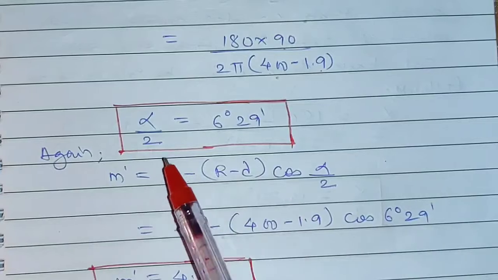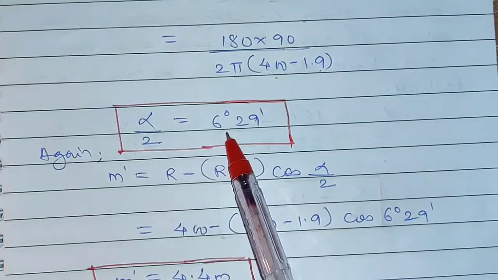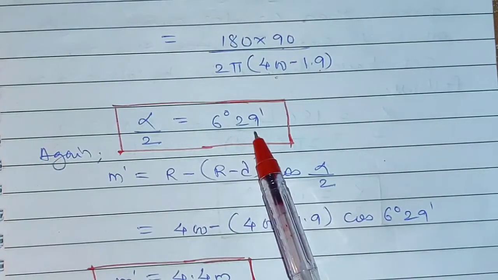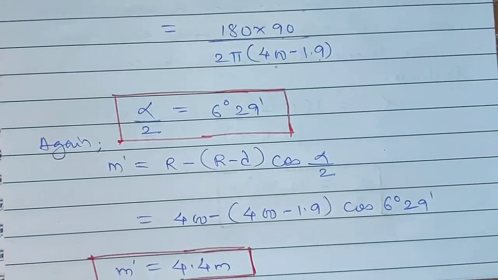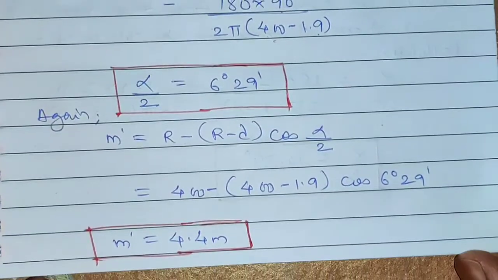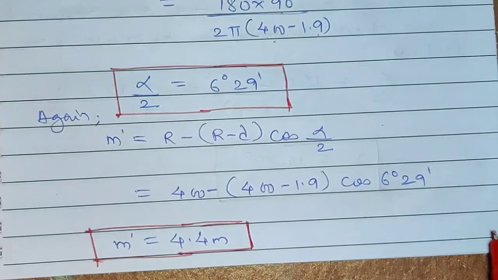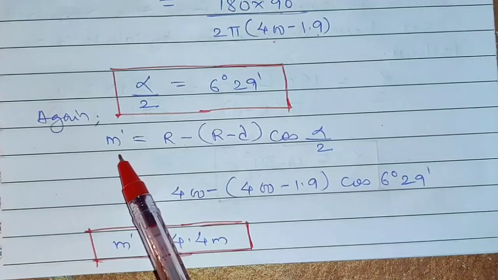So now alpha by 2 is 6 degrees and 29 minutes. Again, m dash, that is the setback distance.